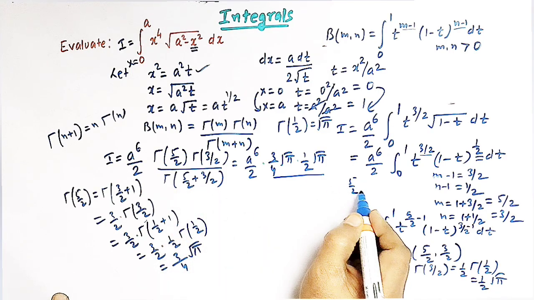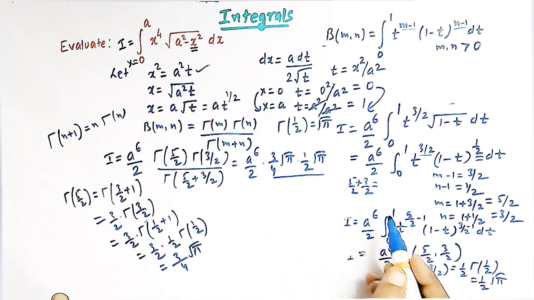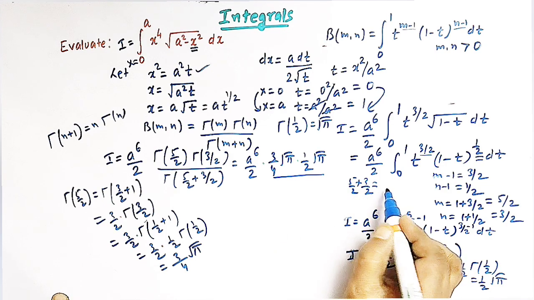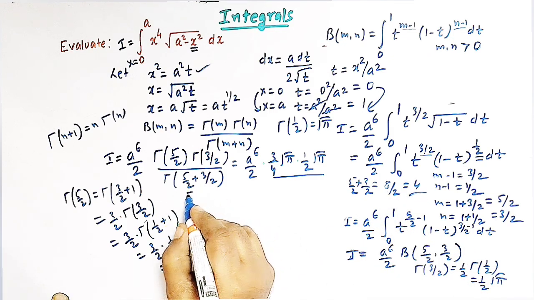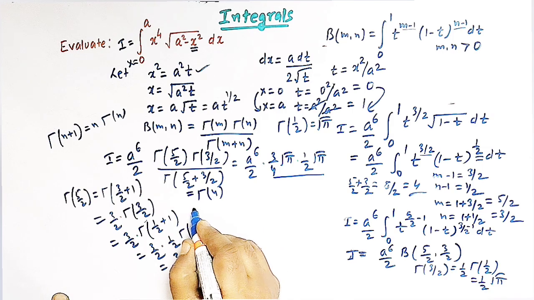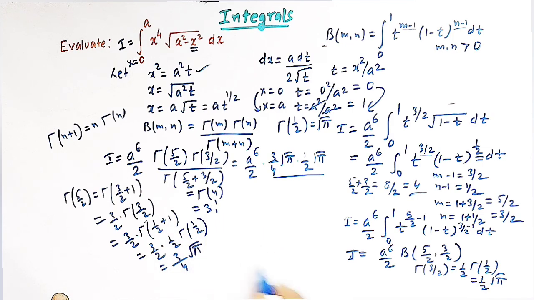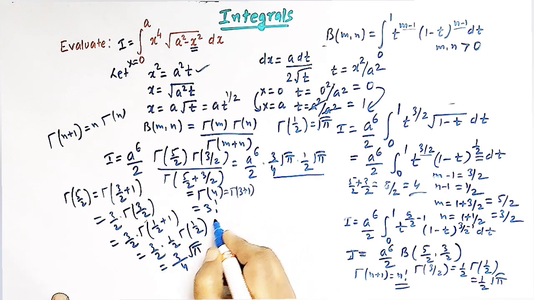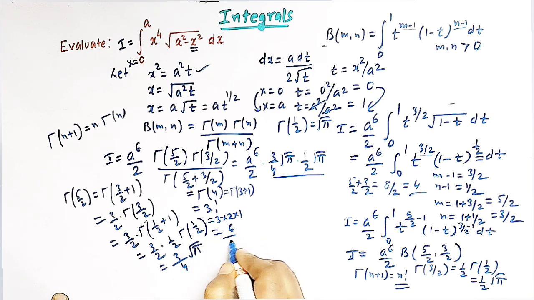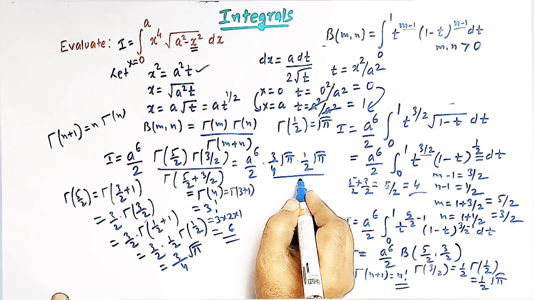So 5 by 2 plus 3 by 2 is 8 over 2, and 8 over 2 is 4, right? So here we have gamma 4, and gamma 4 is equal to 3 factorial, because we know that gamma n plus 1 is equal to n factorial for any positive integer, right? So gamma 4 is equal to gamma 3 plus 1. So we have 3 factorial, that is 3 times 2 times 1, that is 6. So here we have 6.